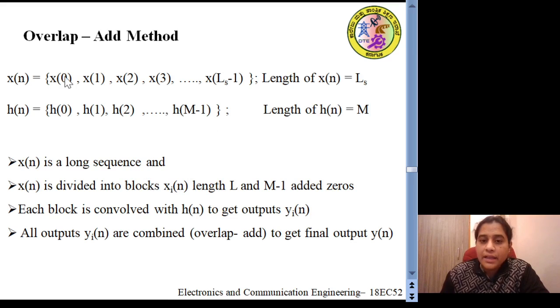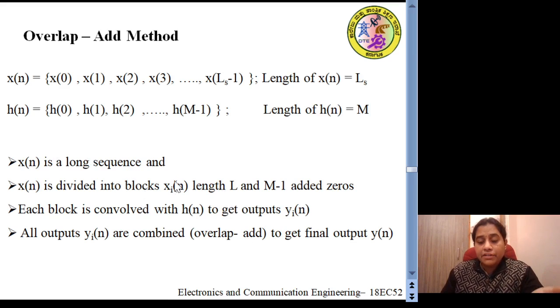As we considered, our x of n is a long sequence with many samples. So what we have to do is divide x of n into blocks of data, xi of n. Each block has L samples of x of n plus m minus 1 zeros appended.